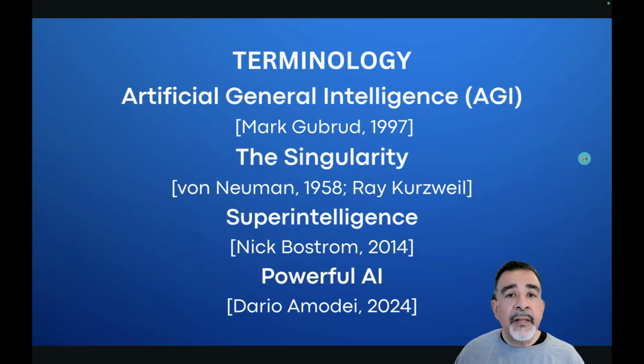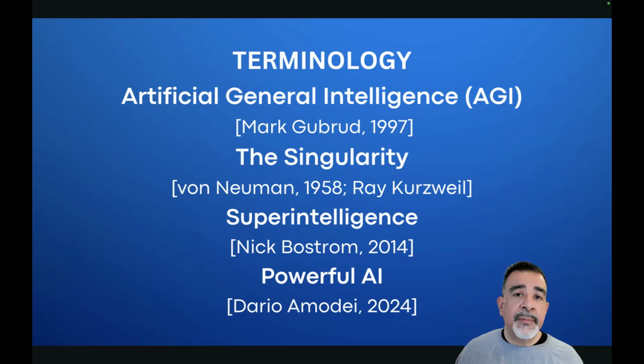There's different terminology that's been used over time for this. Probably the first is von Neumann and Ray Kurzweil, the singularity, which is this point in time when human intelligence is matched and then exceeded. Also referred to as artificial general intelligence, which is the moniker that most people use right now.